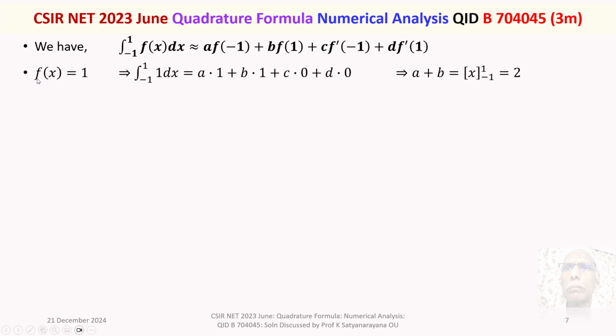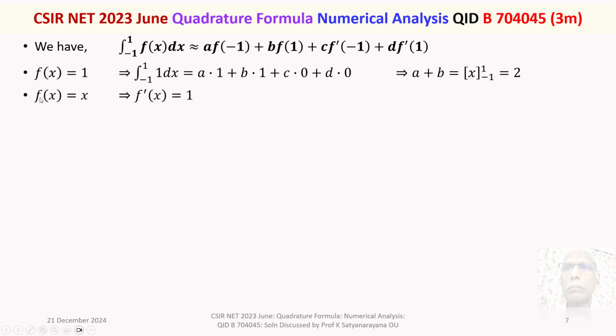First, f(x) equal to 1: integral from -1 to +1 of dx equals a times f(-1), which is 1, plus b times f(1), which is 1, plus c times f'(-1). Since f(x) is 1, its derivative f'(x) is 0, so f'(-1) is 0 and f'(1) is also 0. Thus, a plus b is equal to the integral of 1 dx, which is x evaluated between the limits -1 to +1. Evaluating, we get 2. So a and b are related like this.